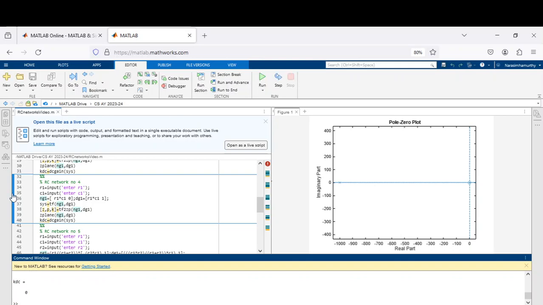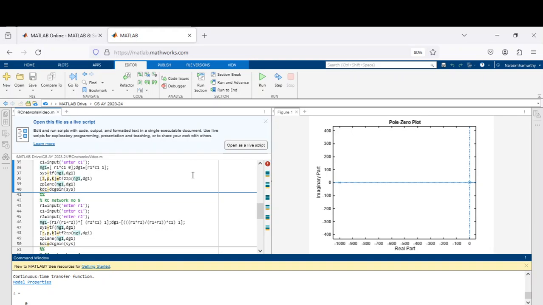That will give me, can you see the DC gain is 0? The DC gain is 0, and of course this K is the root locus gain. Can you see the pole is at minus 1000, and there is a 0 at origin? So this is the 0 position, which is at origin, and this is the pole position at minus 1000.